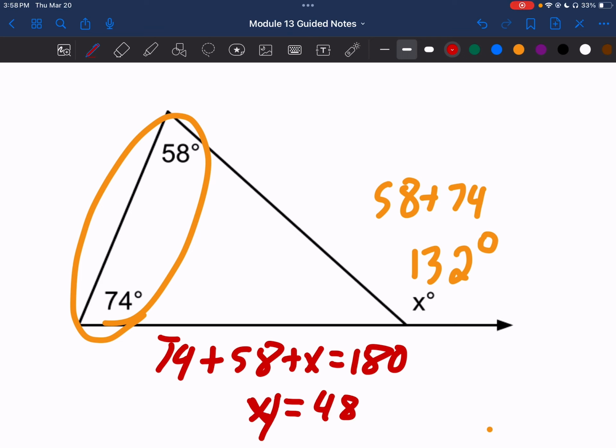Actually, let's do y because it's the interior angle. So that is 48 degrees, and it's supplementary to the outside one, so 180 minus 48 gets us 132. We can work this a couple different ways, but if we use the exterior angle theorem, we can shorten our work and make it a little bit easier.